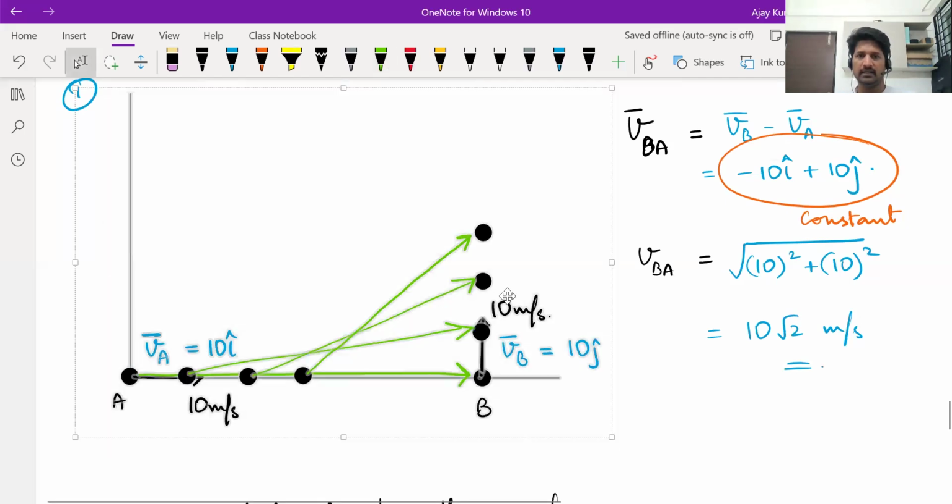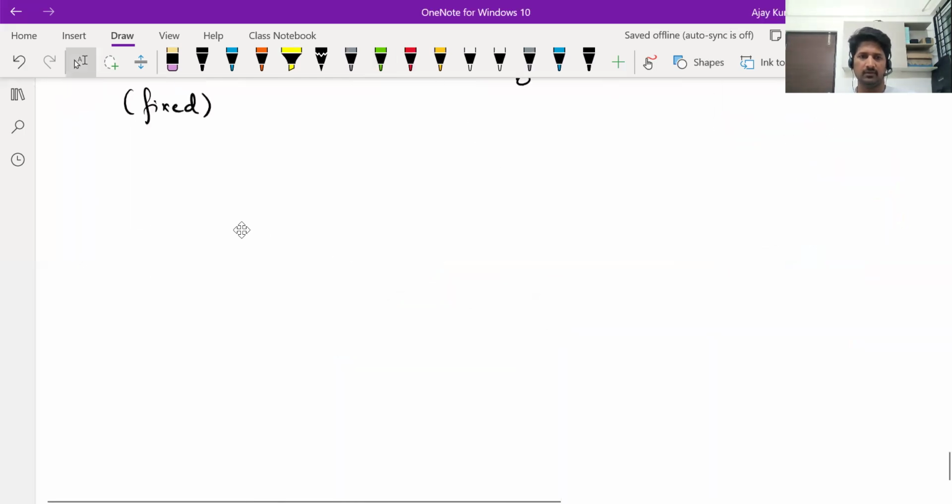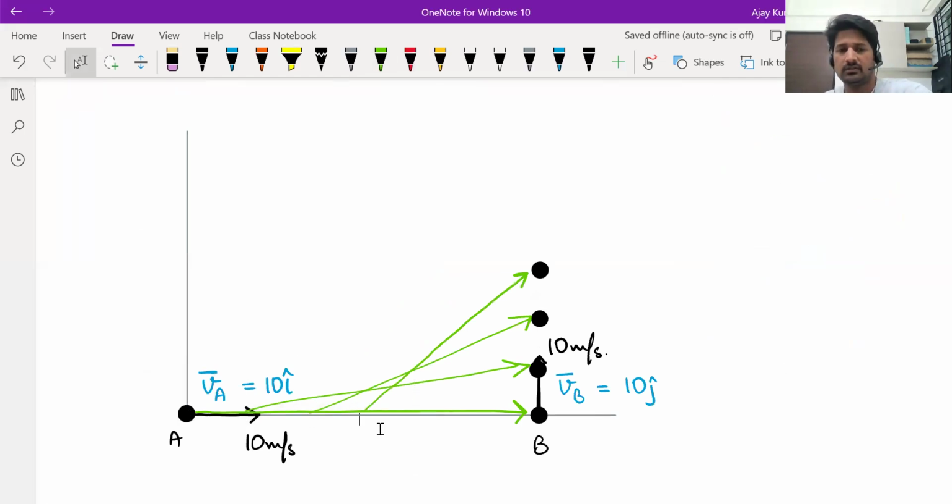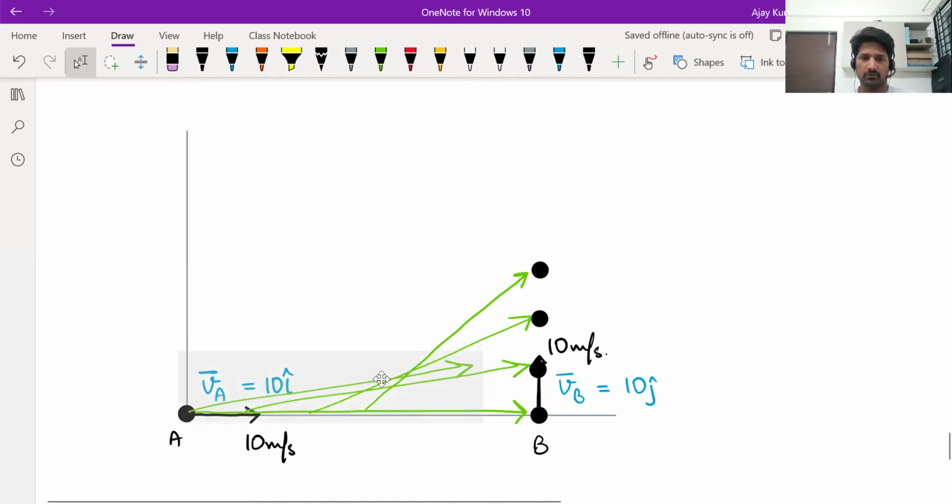Now let us put all that in the reference frame attached to A. In the reference frame attached to A, A should not move. So we'll assume A stays at its position, and we'll remove all these. But we have to visualize how B appears to move as seen by A. So I'm going to move these vectors. At the first instant, B appeared to be along the x-axis.